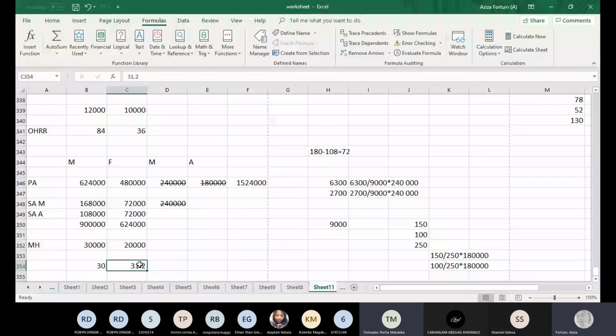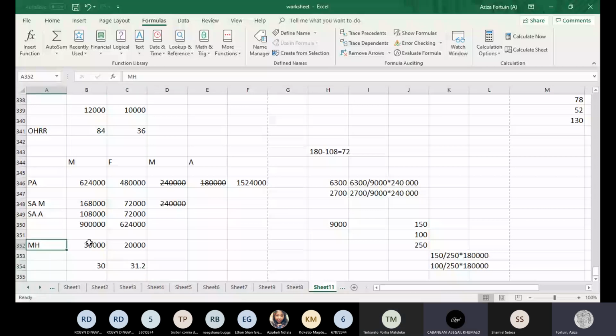Okay, so this pretty much is done now. This is not that difficult. Can you repeat, Aziza, how you get the 30 rand? I took the cost and divided it by the 30,000 milling machine hours, and I got 30 rand per hour.